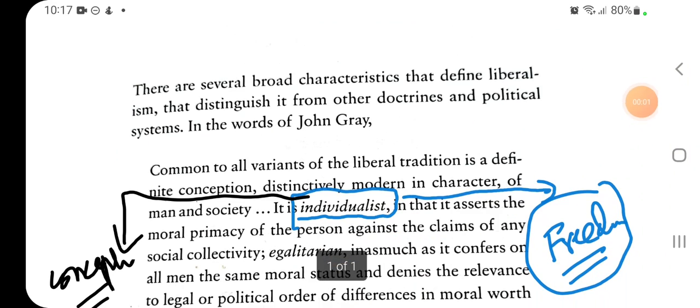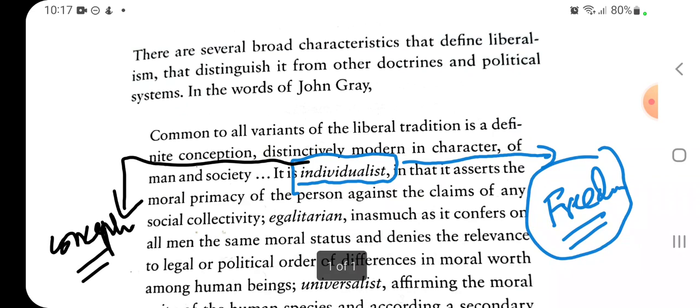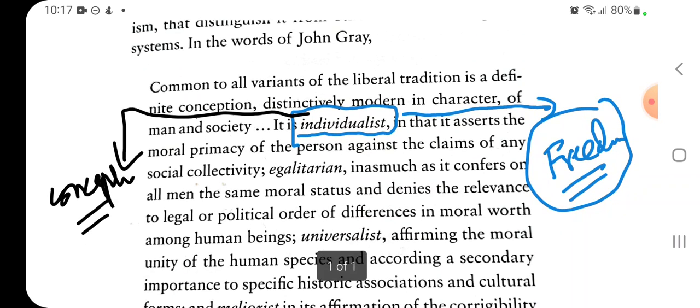Looking at John Gray's description of liberalism, and so far we have been looking at his first ingredient of liberalism, and that is individualism. But we were trying to understand individualism in terms of the concept of freedom, and last time we saw that freedom is the central concept of liberalism, even more important than individualism and all other things, and that's why it's called liberalism.